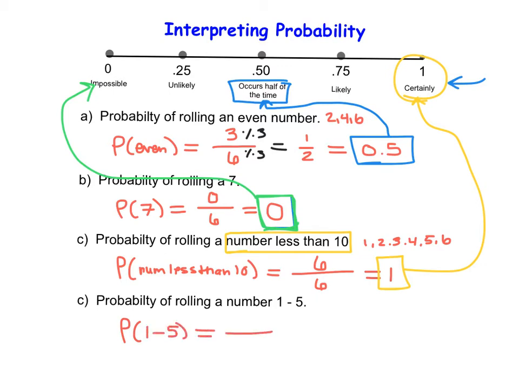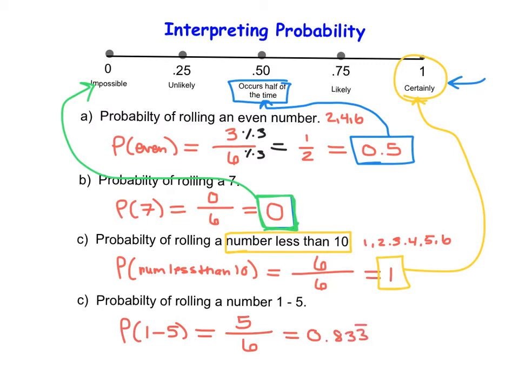Now, this last one here says the probability of rolling a number 1 through 5. So our number of favorable outcomes is 5 because we could roll a 1, 2, 3, 4, or 5. Then my total number of outcomes is 6 because there are 6 numbers on that dice. So now if I divide 5 by 6, I end up with 0.833 repeating.